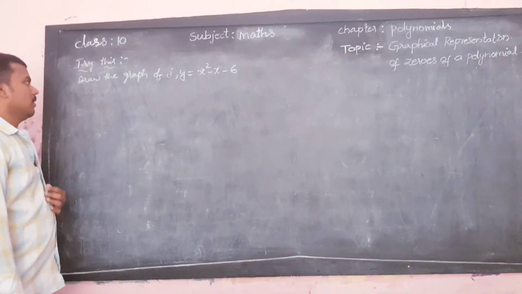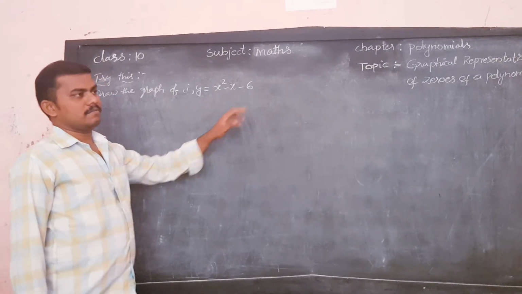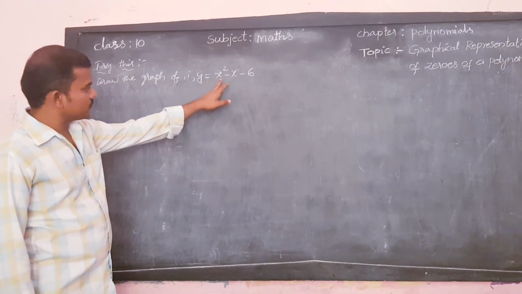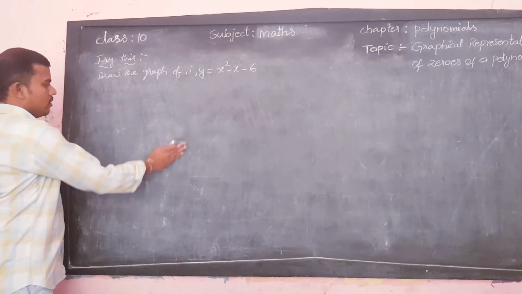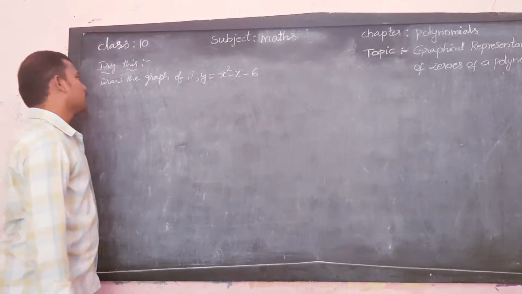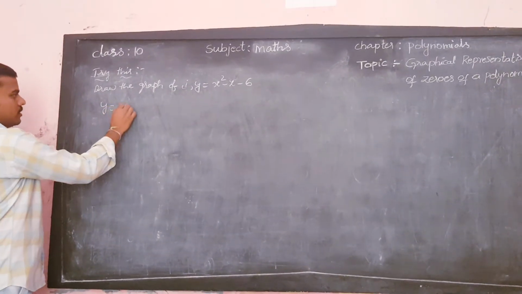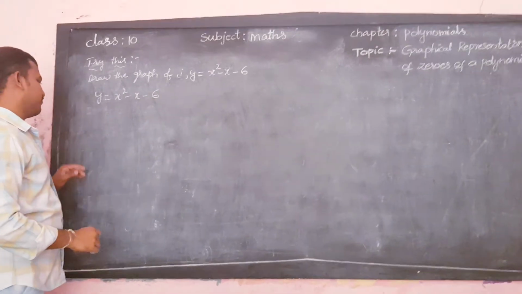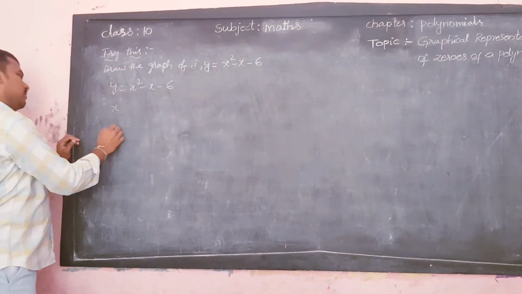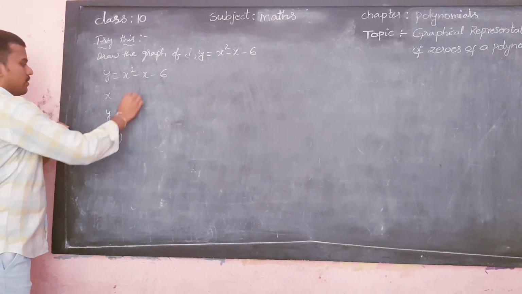Try this. Draw the graph of y is equal to x square minus x minus 6. So y is equal to x square minus x minus 6 is the quadratic polynomial. So we draw the quadratic polynomial graph. Fill the table, take pairs of x and y coordinates.